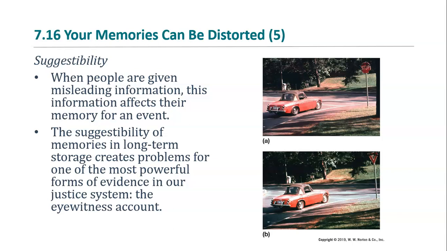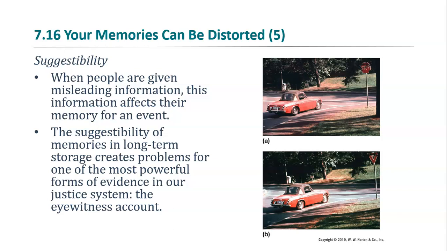In another experiment, she showed participants a videotape of a car accident. They were then asked questions about the car accident, and the questions were all the same in each group, except one group was asked how fast were the cars going when they hit each other, and another group was asked how fast were the cars going when they smashed into each other. The people who heard the word smashed estimated a faster speed, and that's not surprising.